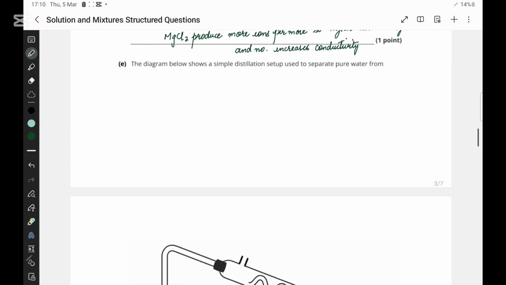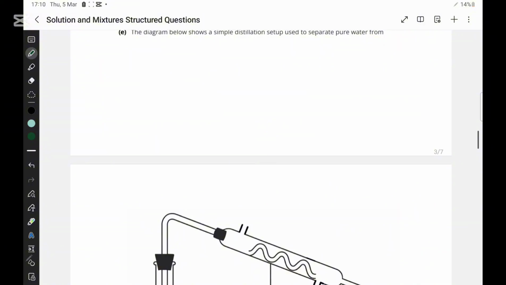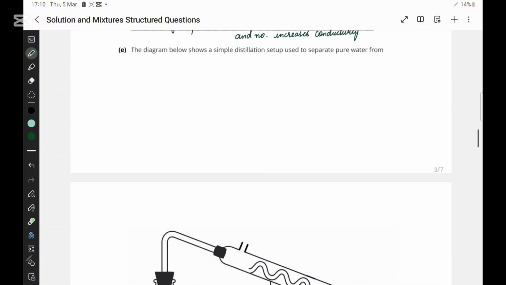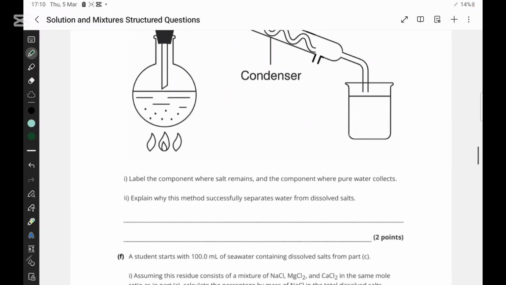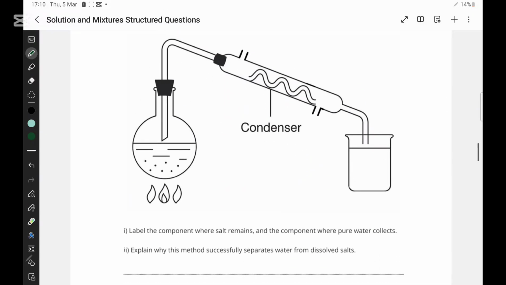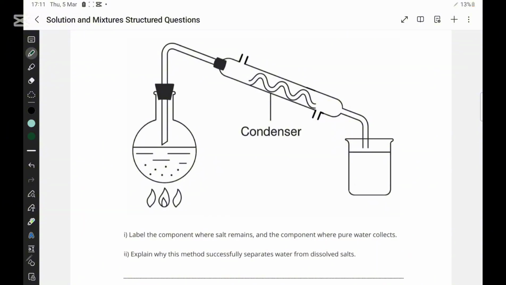The diagram below shows simple distillation steps setup used to separate pure water from salt solution. So you can see this is the method. Label the component where salt remains. So salt remains at this part. Why?